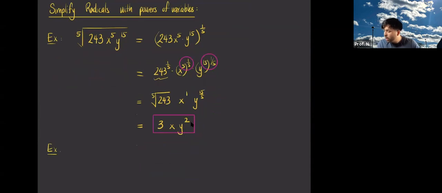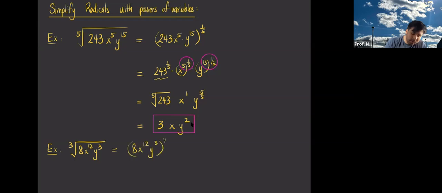Another little example: the cube root of 8 x to the 12th y cubed. Same idea. I'm going to rewrite it as an exponential with a fractional exponent. So this becomes 8 x to the 12th y cubed, all to the 1/3 power. I take everything individually and raise it to the 1/3 power.